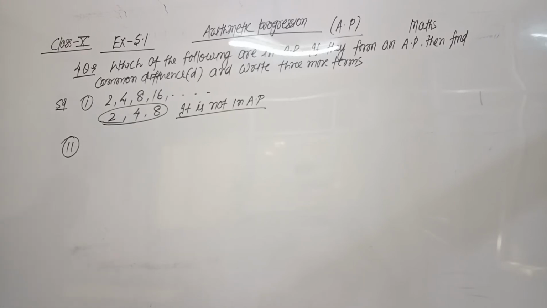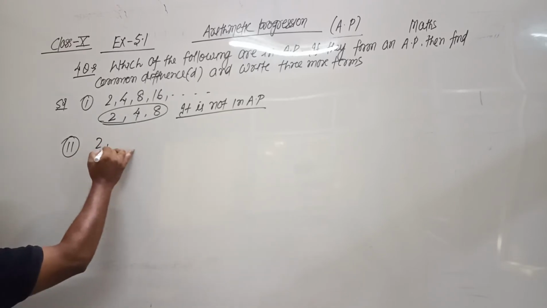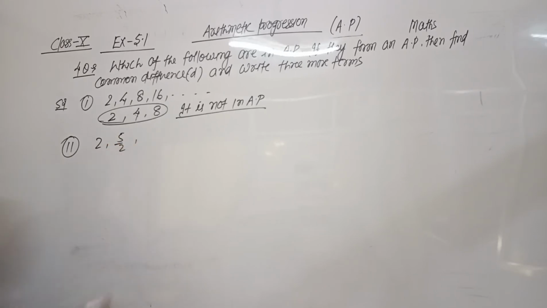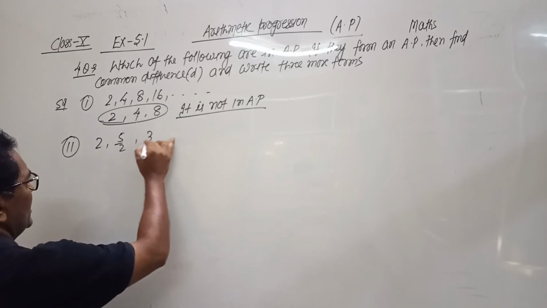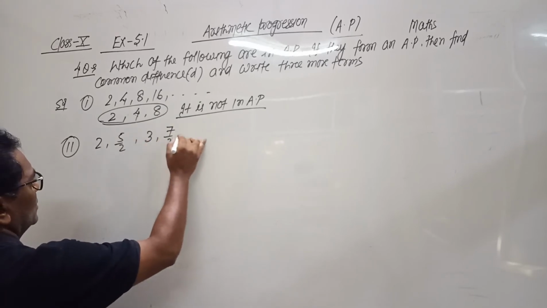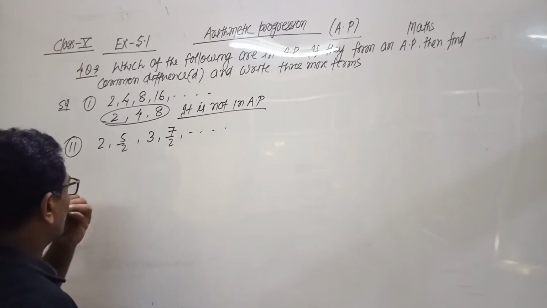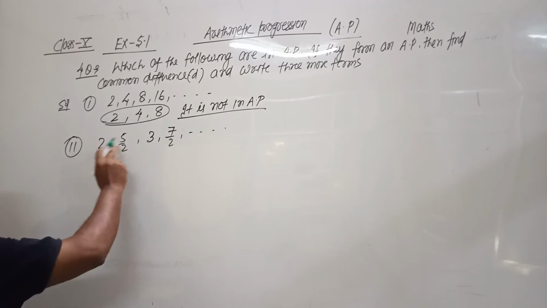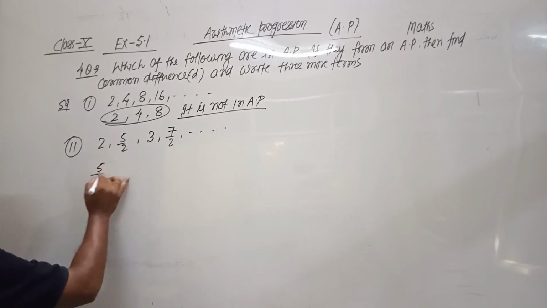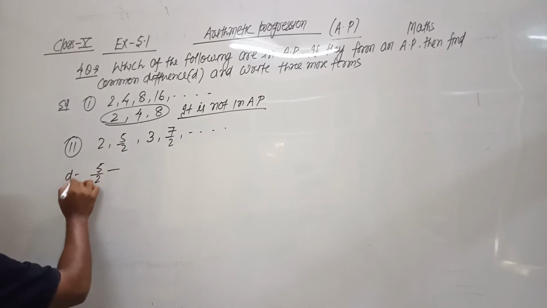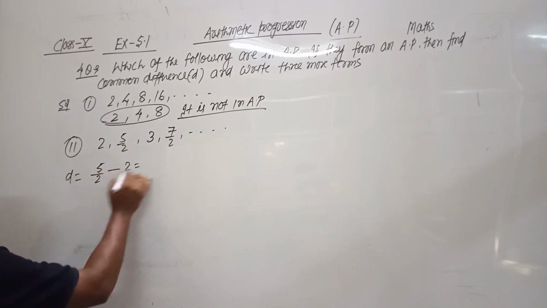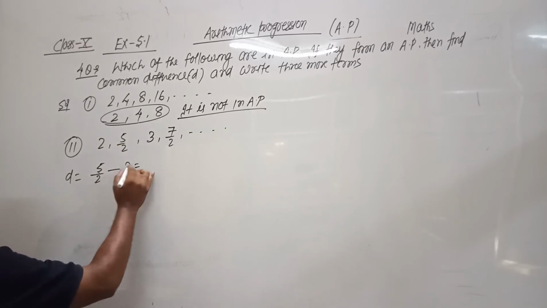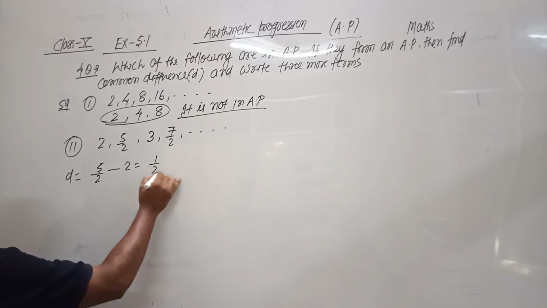Next part is 2, 5 by 2, 3, 7 by 2. So firstly we have to check whether it is in AP or not. So subtract the first term from the second term, we are finding D. 5 by 2 minus 2: LCM 2, 5 minus 4, 1 by 2.